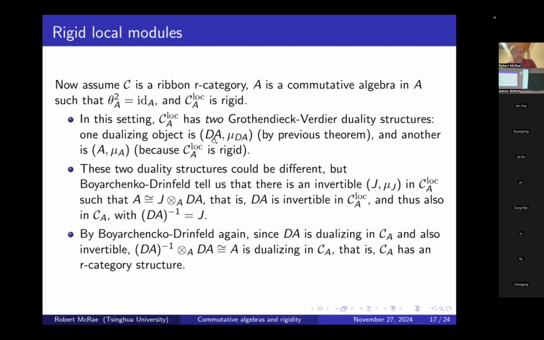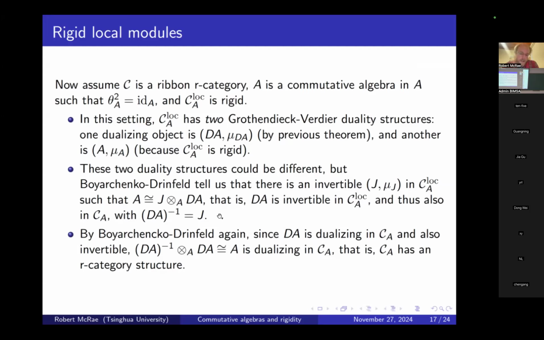One is dA and the other is A itself. And they may not be the same. But this result of Boryachenko-Drinfeld tells us that there is an invertible object J such that A is the tensor product of J and dA, which tells us that dA is an invertible object in CA loc. Of course, it's also going to be invertible in CA, and the inverse of dA is going to be J.